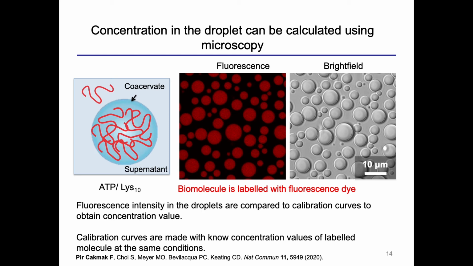When you add a labeled nucleotide, they do partition in the coacervate phase selectively, and you can actually calculate this concentration by basically using calibration curves, and it will give you the value within the droplet.